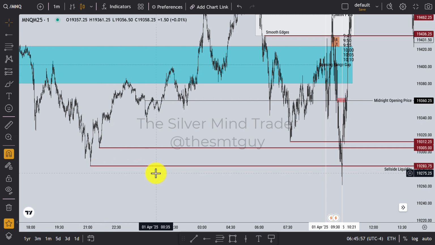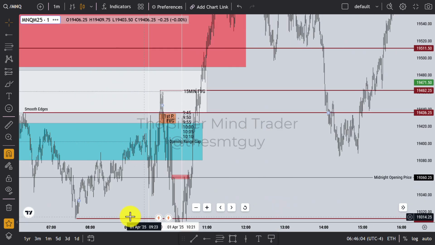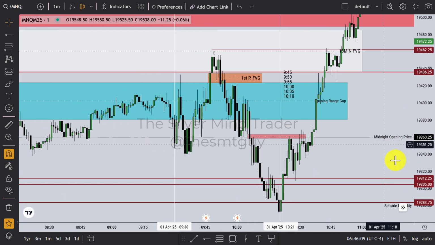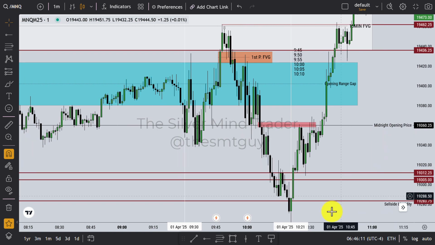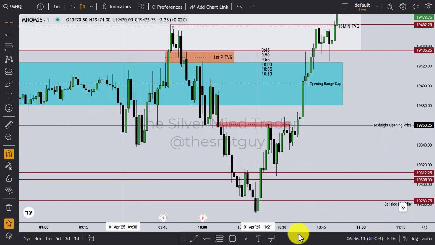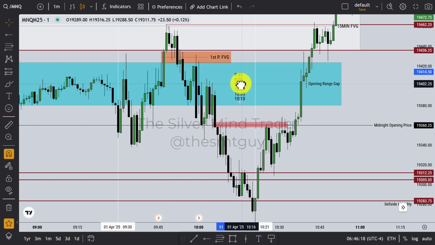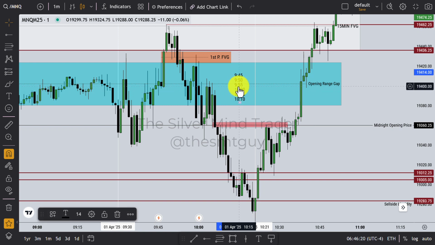And it's at a time when the algorithm is doing what? Hunting liquidity. So if I expect to see price start performing what I'm used to seeing it perform, start obeying these PD arrays, I want to start seeing something that I can use.